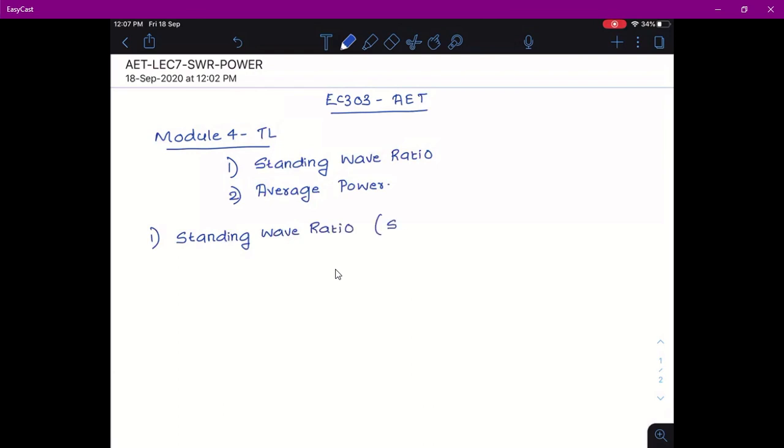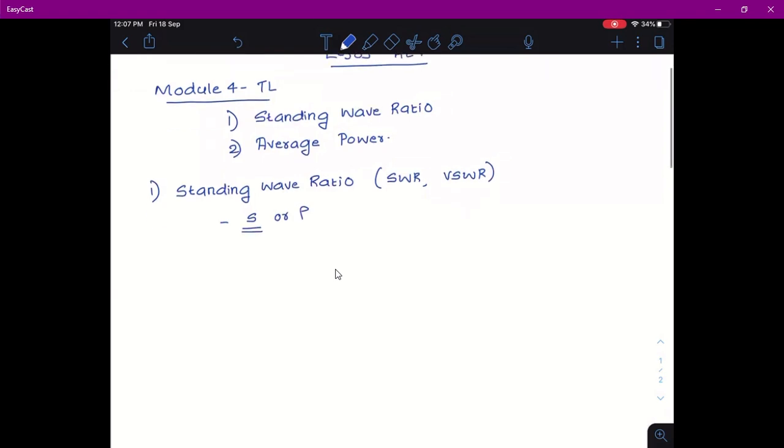Or SWR or voltage standing wave ratio VSWR, and it is either denoted by S or rho. So we will use S as our notation.